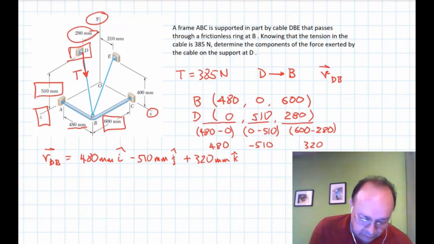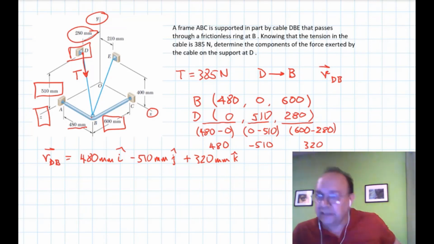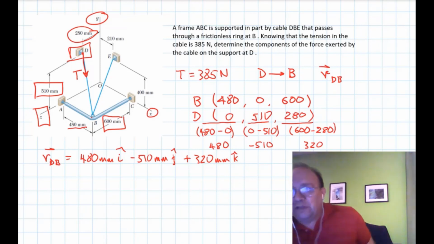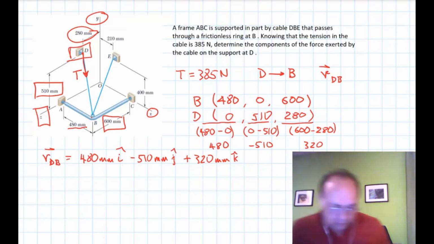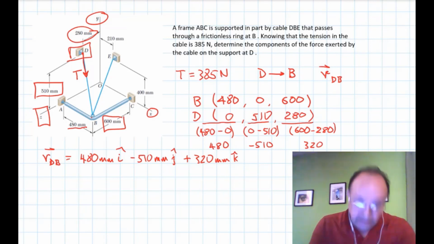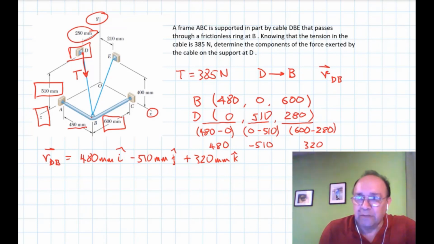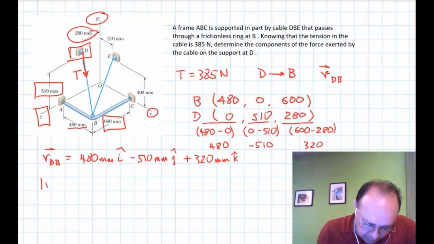It is basically a vector that has a length of the distance from D to B. So now we need to get the unit vector in the direction of RDB. In order to get the unit vector, we have to divide RDB by its magnitude. So we need to calculate the magnitude of RDB.